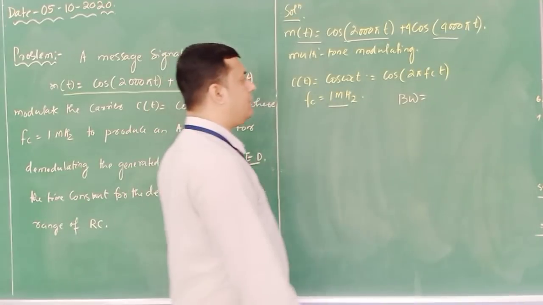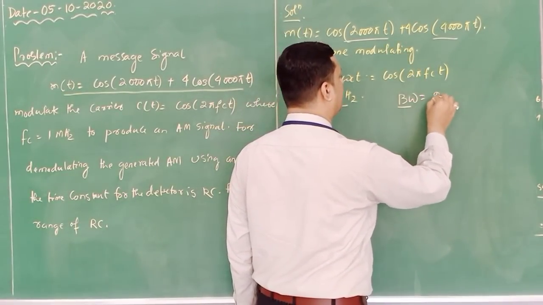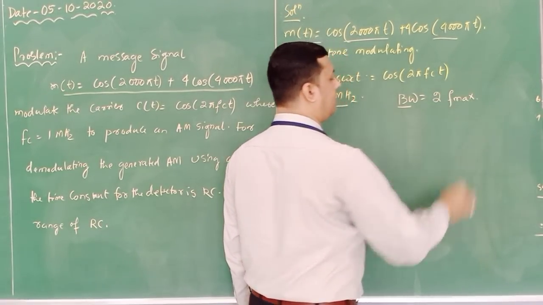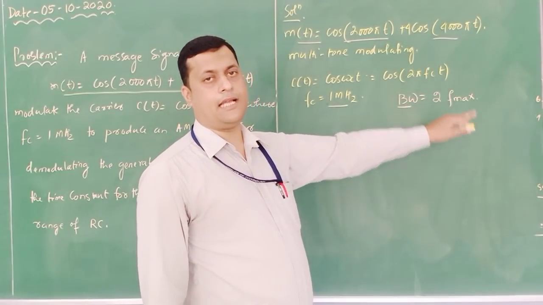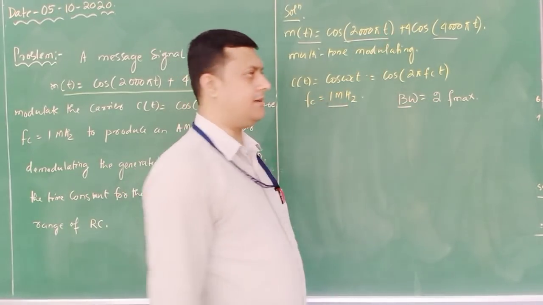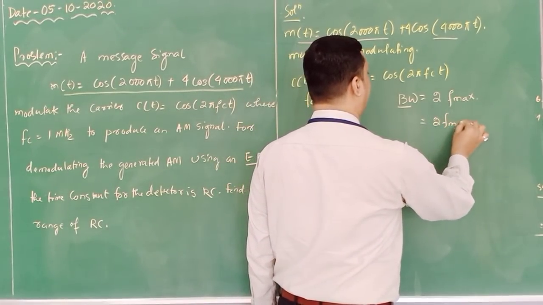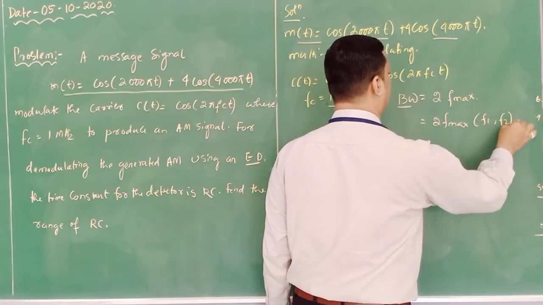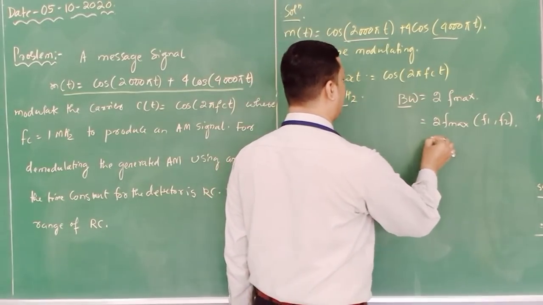So how are we going to identify the bandwidth? If it is multi-tone, then we have to take twice the maximum frequency available in the modulating signal. Now, if it is f max of f1 comma f2, first of all I have to identify the frequency f1.